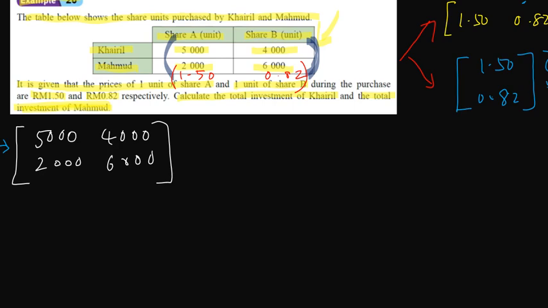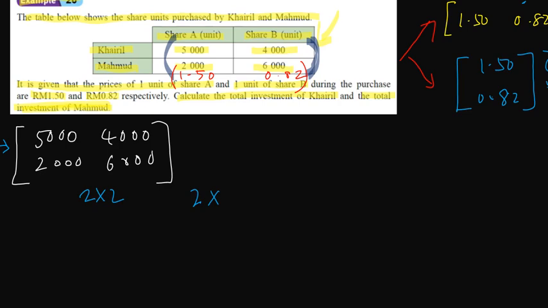Okay, before that we have to check what? Yes, the order. We have to check the order first, because two matrices can only be multiplied when the column of the first matrix is the same as the row of the second matrix. So the order for this one is 2 by 2. Okay, so in order for it to be multiplied, the matrix here must also be 2 by something.